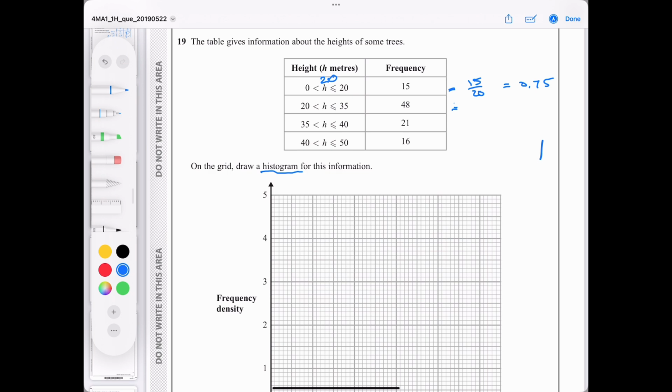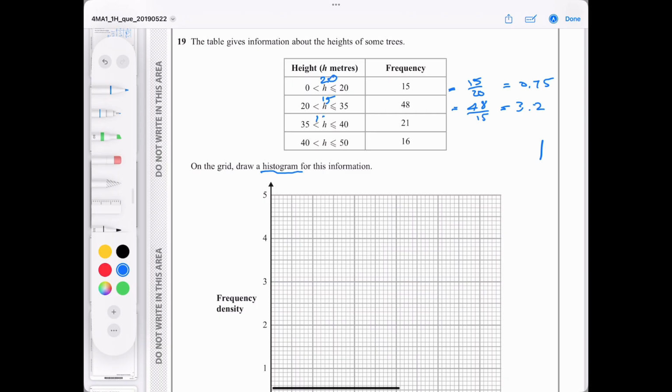And then we do 48 over 15. I'm just going to check that on the calculator. 48 divided by 15 equals 3.2. Okay, that looks about right.